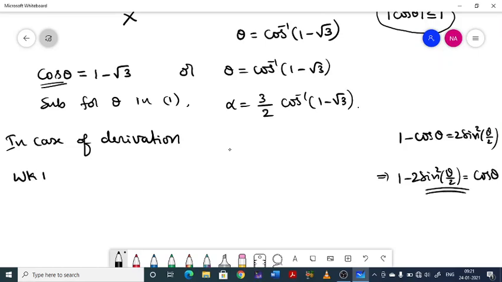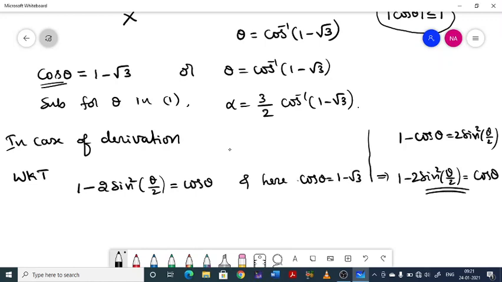We know that 1 minus 2 sin square of theta by 2 equal to cos theta, and here cos theta equal to 1 minus root 3. Thus we can write 1 minus 2 sin square of theta by 2 equal to 1 minus root 3. Right?